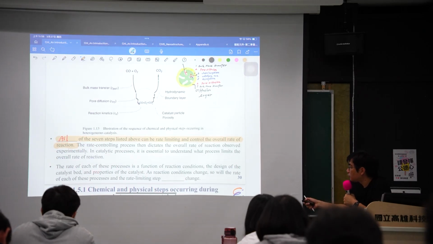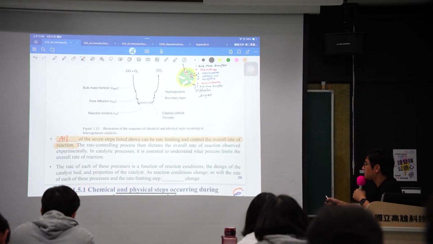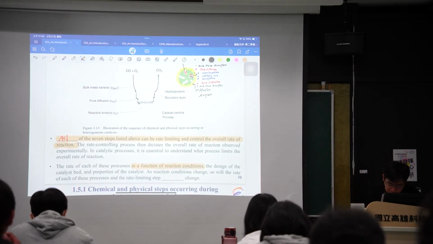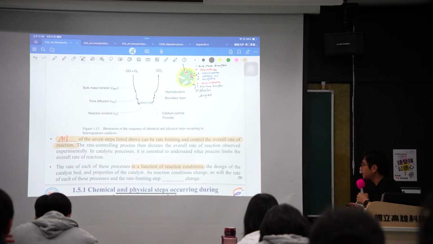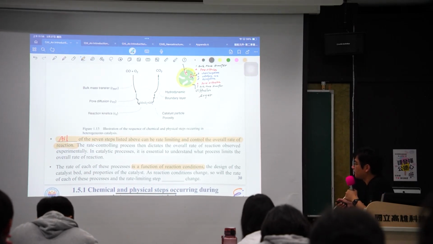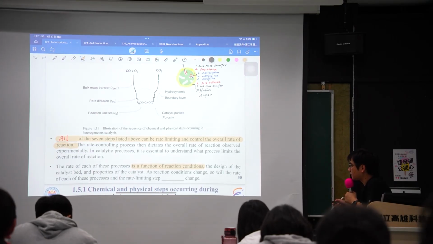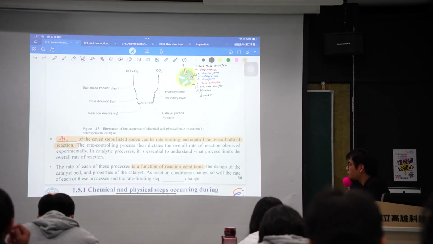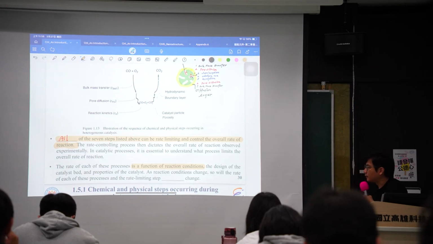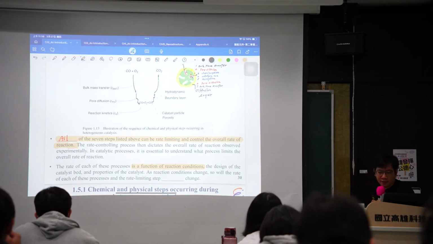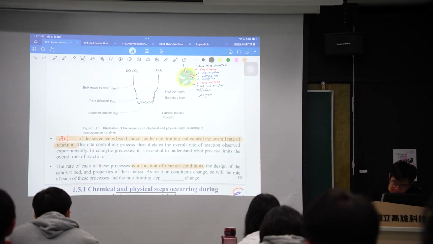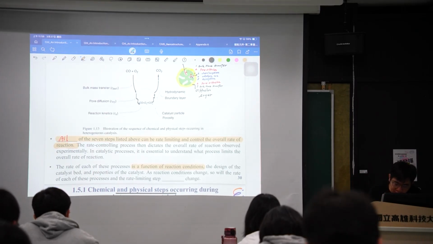So the rate of each of these processes is a function of reaction conditions. As the reaction conditions change, so will the rate of each of these processes. And the rate limiting step may change.